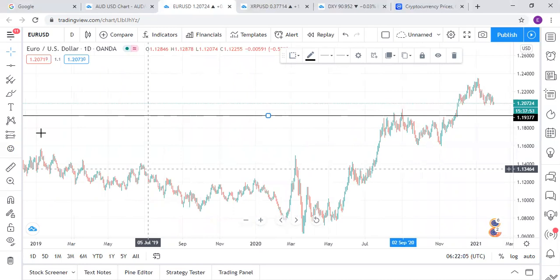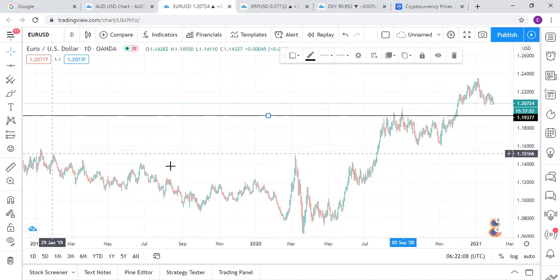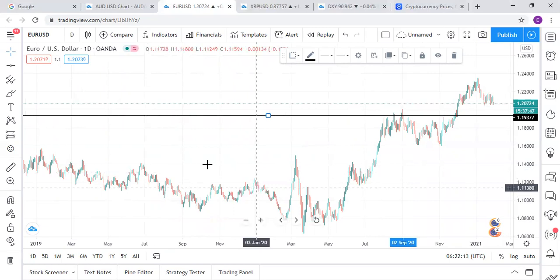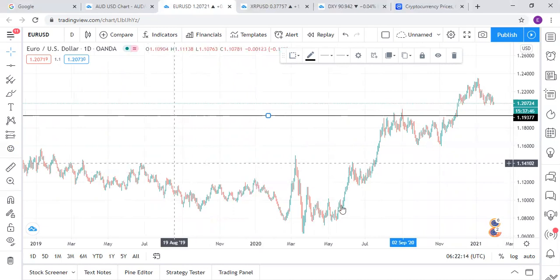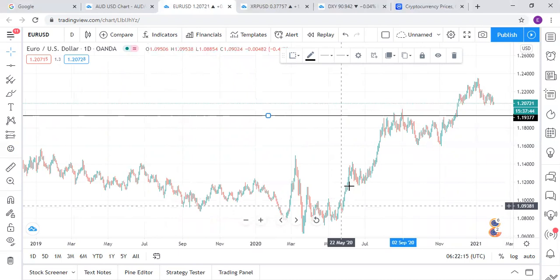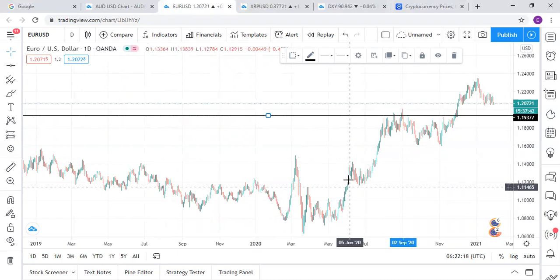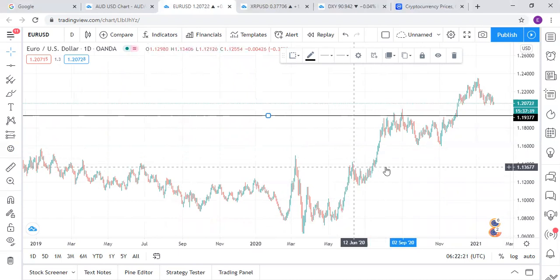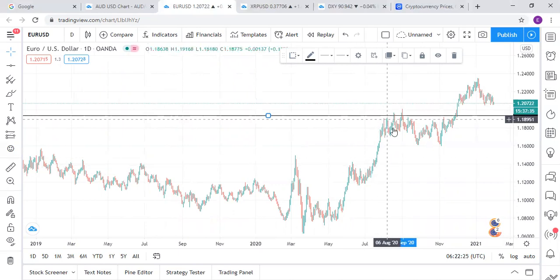We have something like a downtrend, although not very clear, but more or less we have some kind of range here. And here we have what we call break of structure and the retest. Then this gives us the clear, true picture of it.